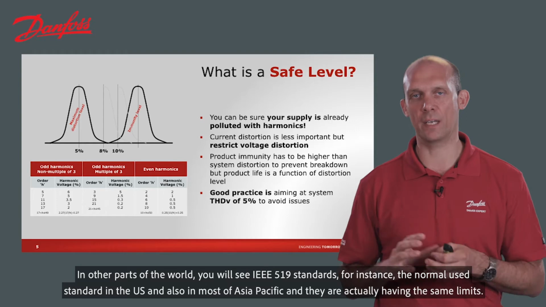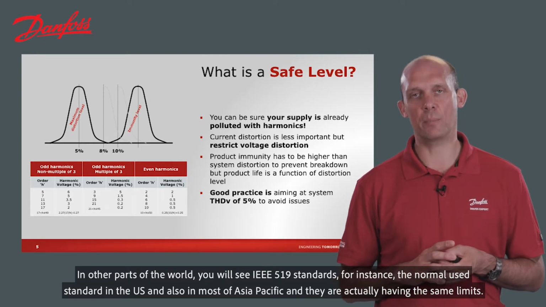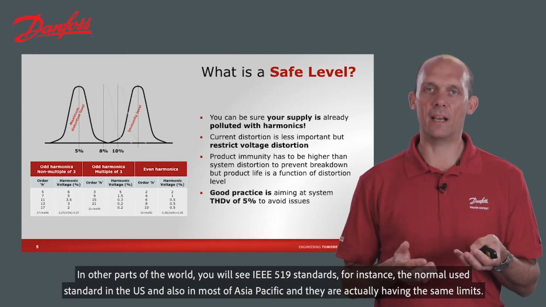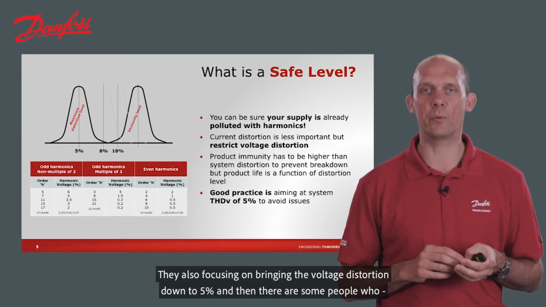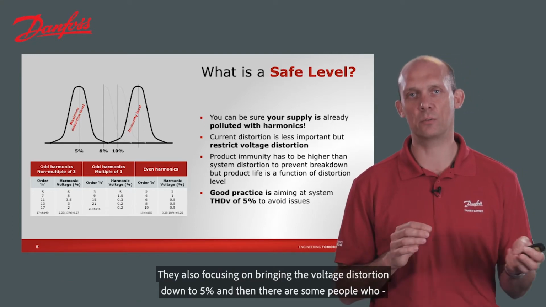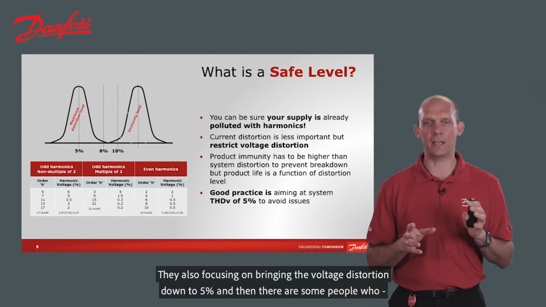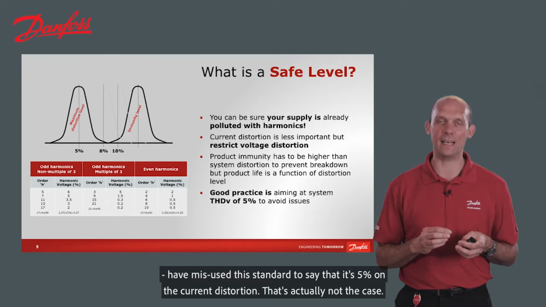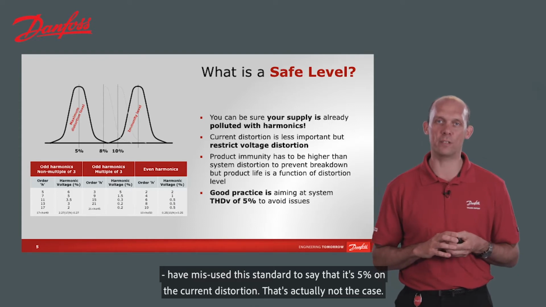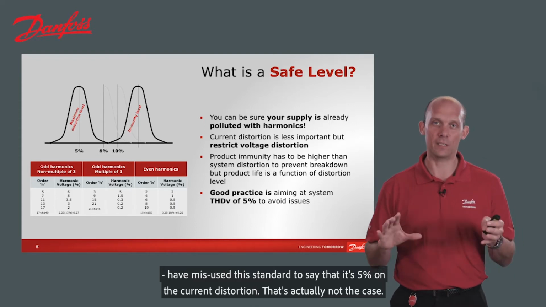In other parts of the world, you will see the IEEE 519 standard, for instance, the normal standard in the US and also in most of Asia Pacific. And they are actually having the same limits. They are also focusing on bringing the voltage distortion down to 5%. And then there are some people who have misused this standard to say that it's 5% on the current distortion. That's actually not the case.